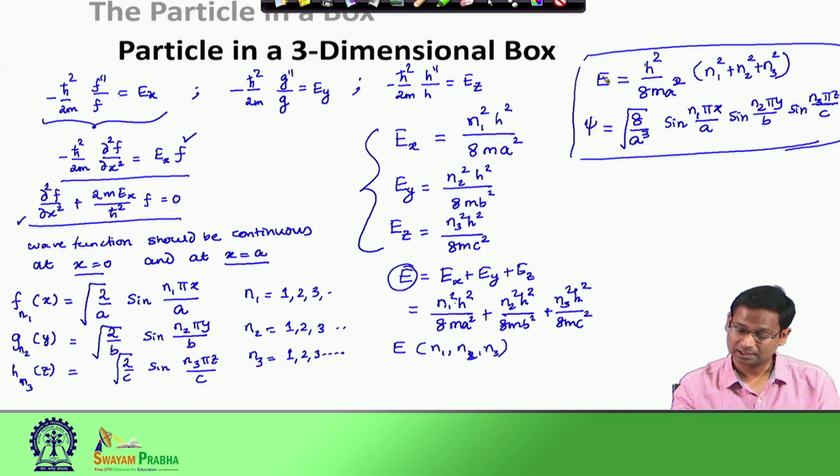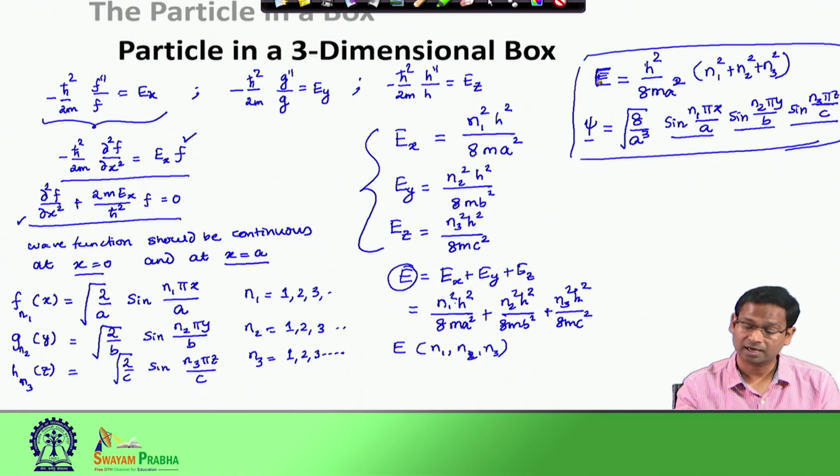Please notice that the energy function has h square by 8 m a square. So, a is the side of the cube, and we have three different quantum numbers n1, n2, n3, and the wave function also has dependence on n1, n2, n3 quantum numbers, where the final wave function is the product of three wave functions, whereas the final energy is the sum of three energies.